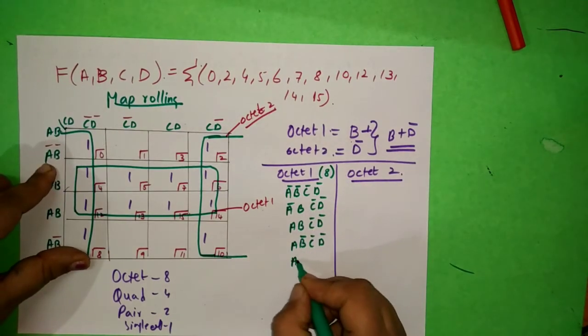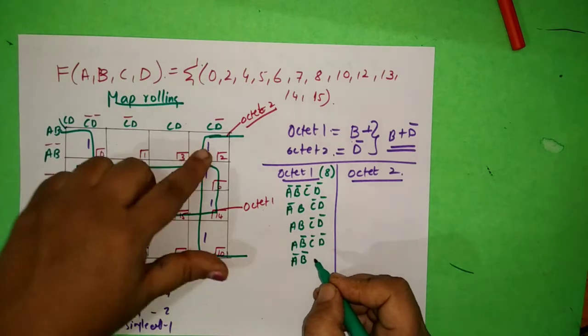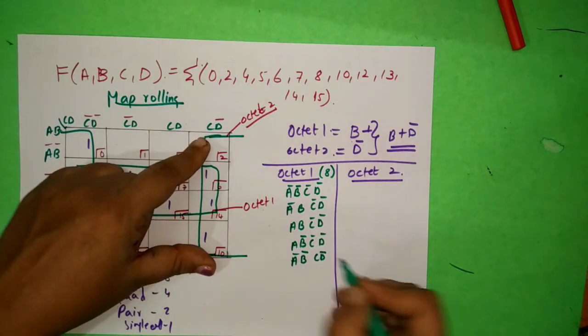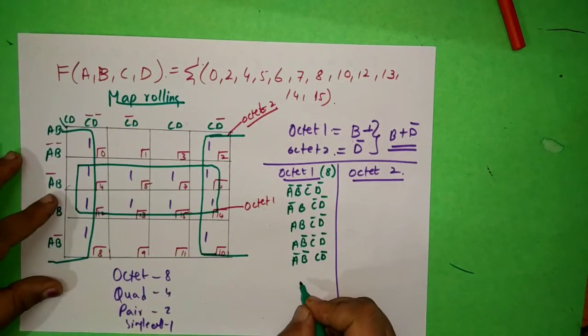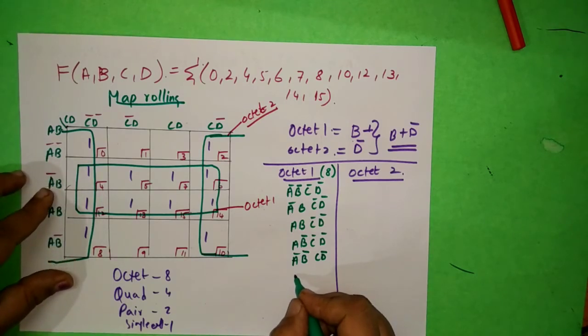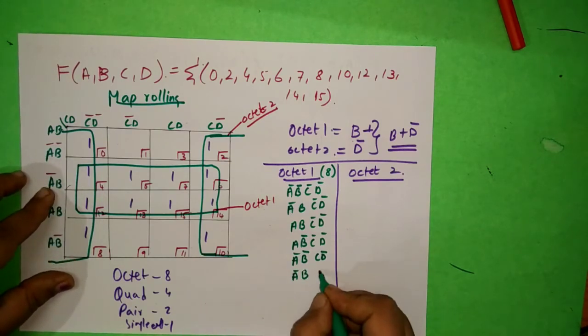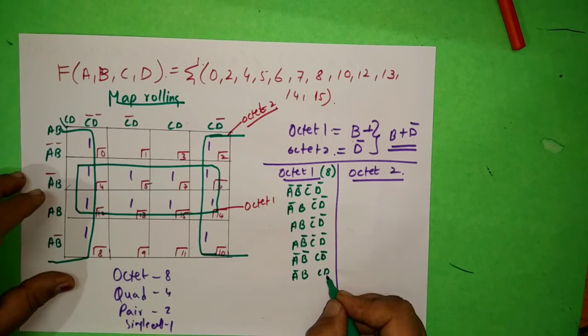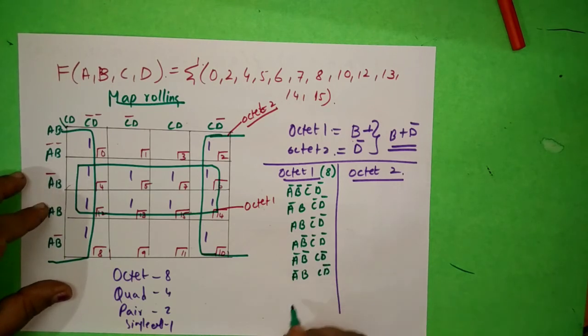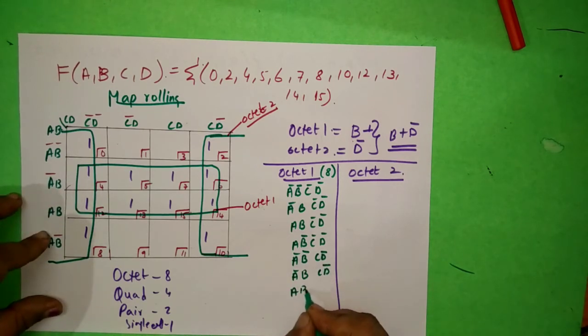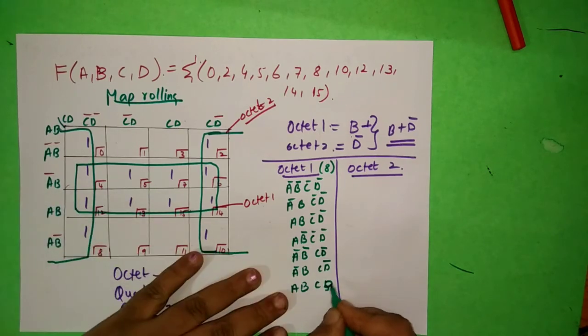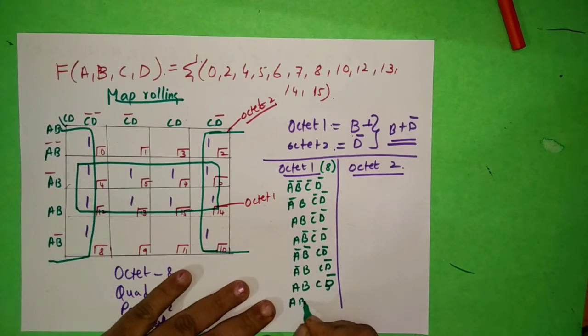So I will again write A complement, B complement. So this side I have to take C, D complement. Okay. And then I will take this A complement, B, C, D complement. Again you have A, B, C, D complement. And then you have A, B complement and C, D complement.